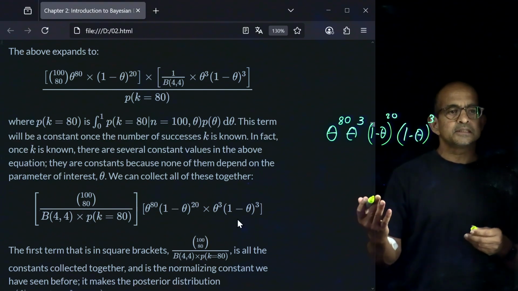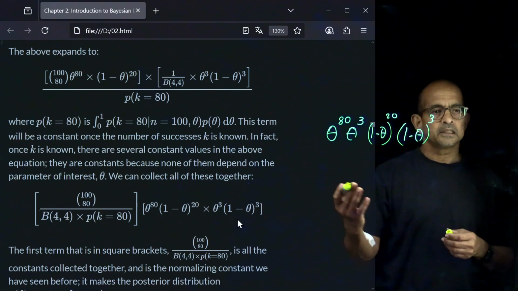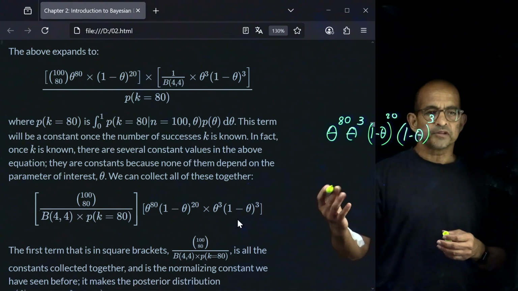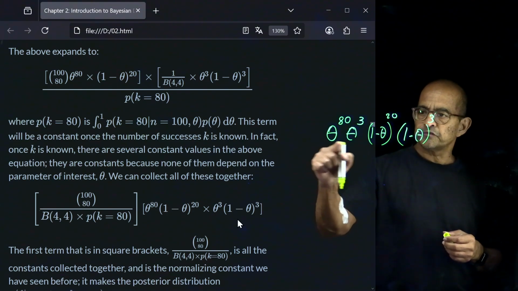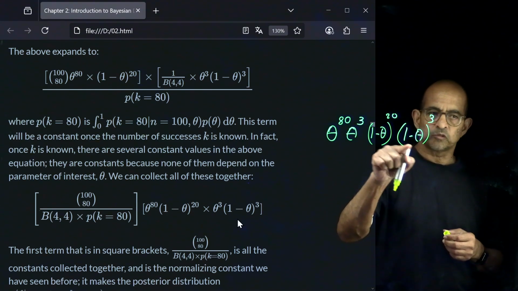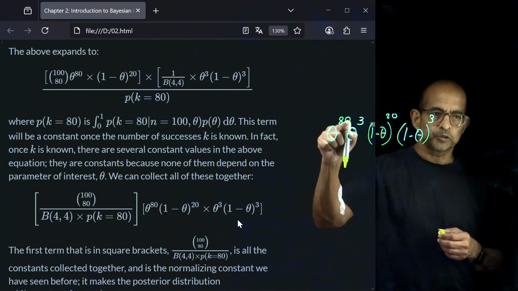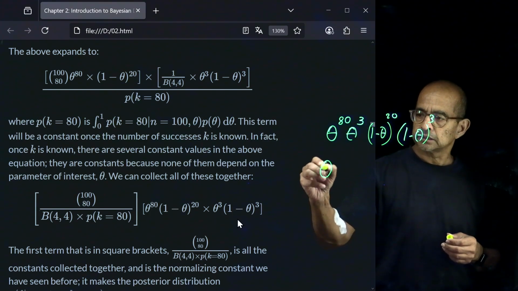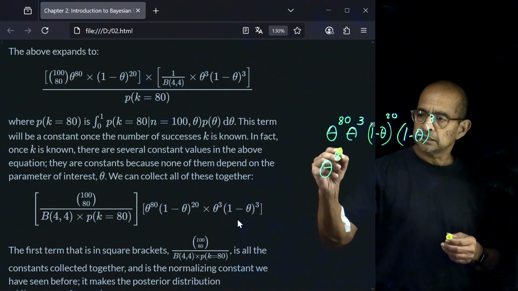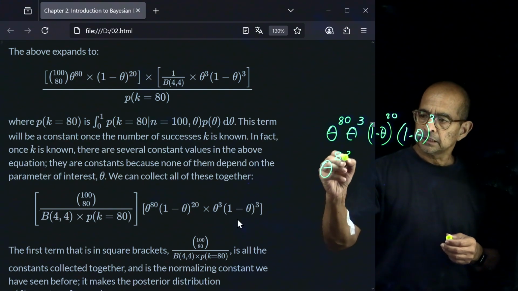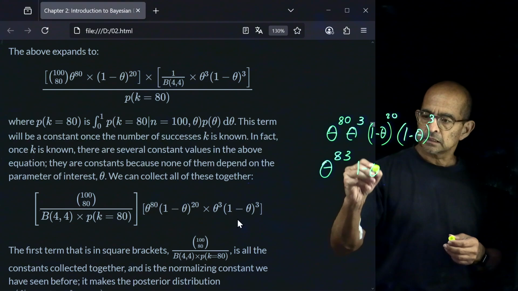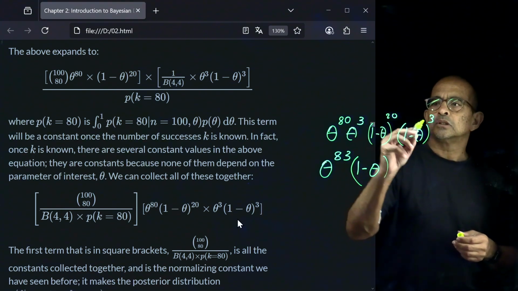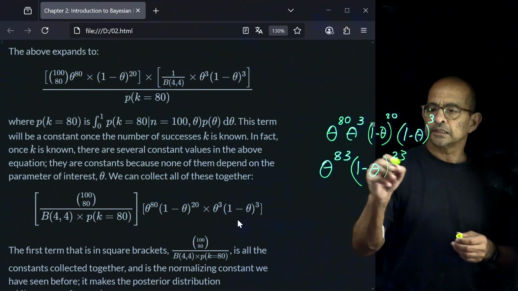Now if you look at this equation, it's easy to simplify because I've got the same variable theta, the same variable 1 minus theta, and some exponents. So I'm just going to add up the exponents. It would be theta to the 83 and 1 minus theta to the 23.